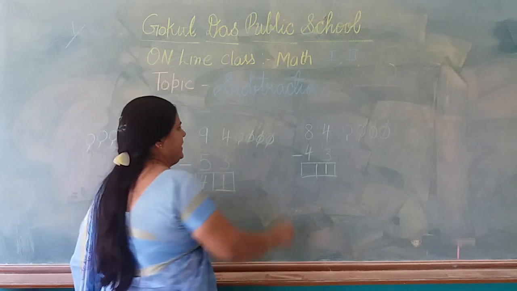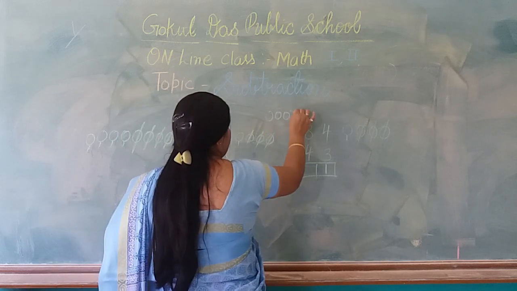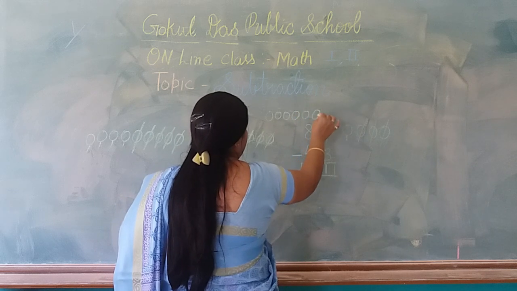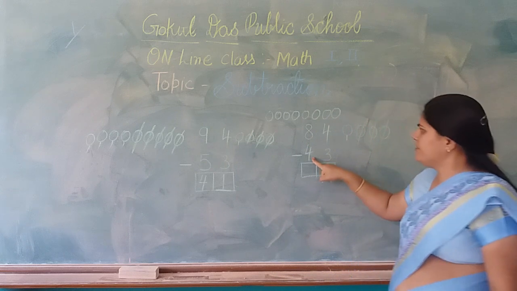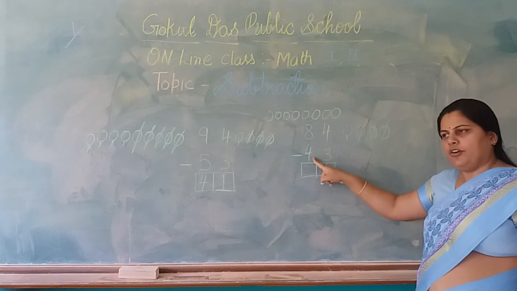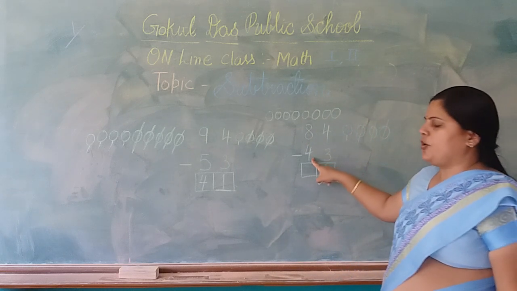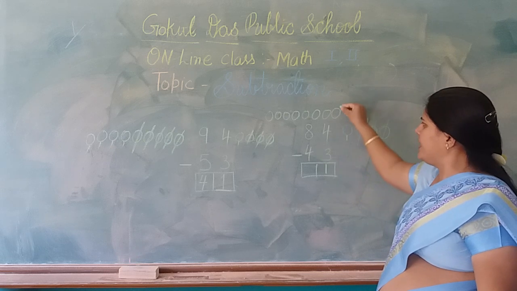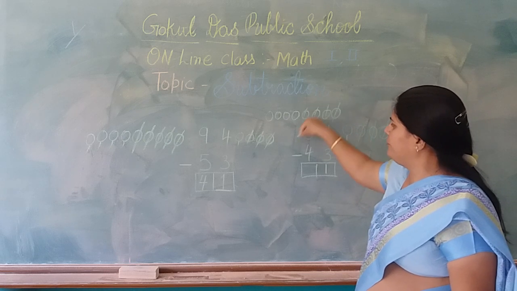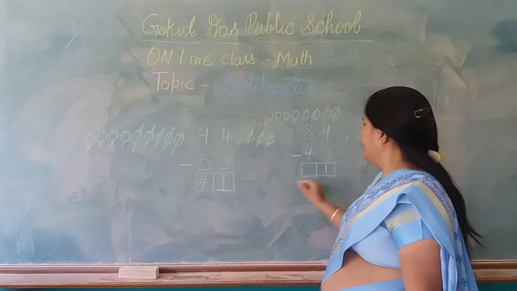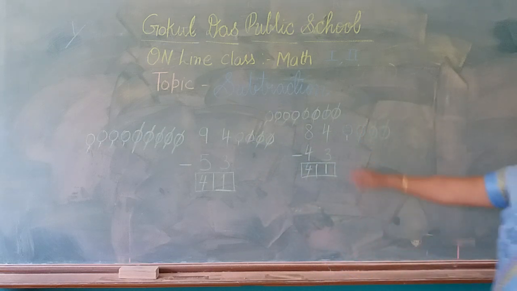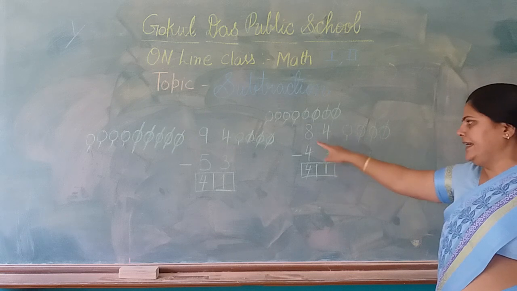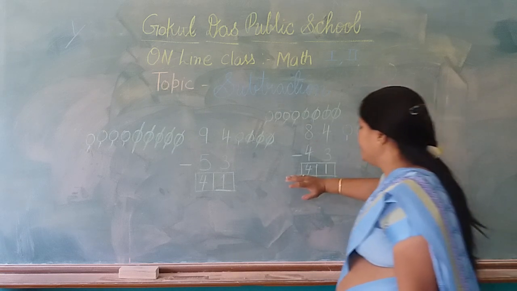So again I will make 8 balls. Then how many balls will we cut? We will cut 4 balls, because we have number 4 downside. 1, 2, 3, 4. Then how many balls remain? 4 balls remain. So 4 minus 3 is equal to 1. 8 minus 4 is equal to 4.